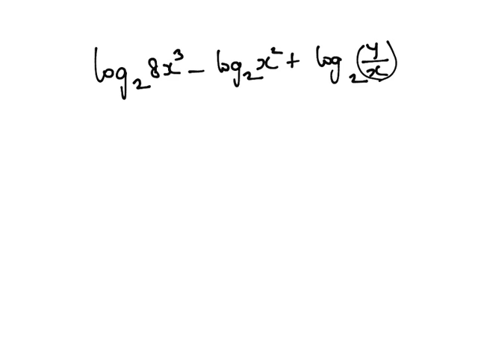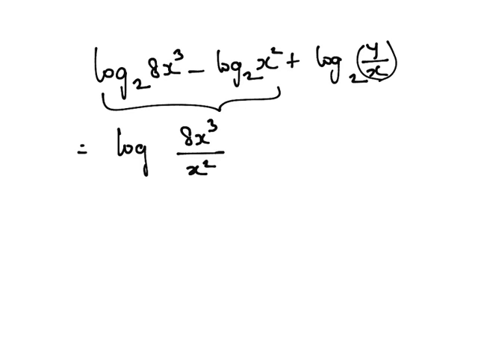As you can see, you cannot do this simply with the second and third term first. First do the first and second term. For this one I can use the quotient rule. So log of 8x cubed by x squared to the base 2 plus log of y by x to the base 2.